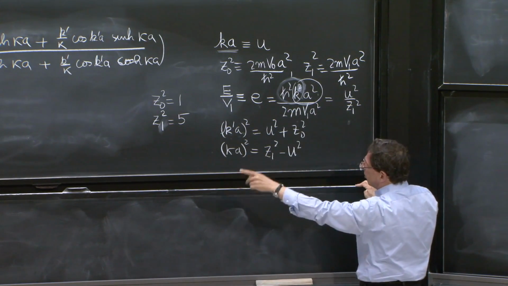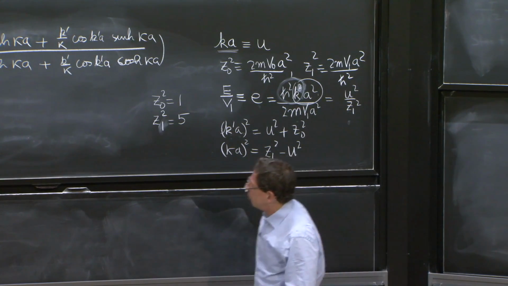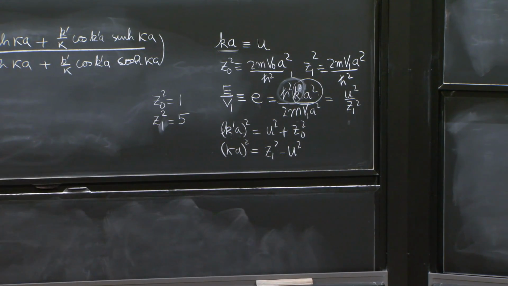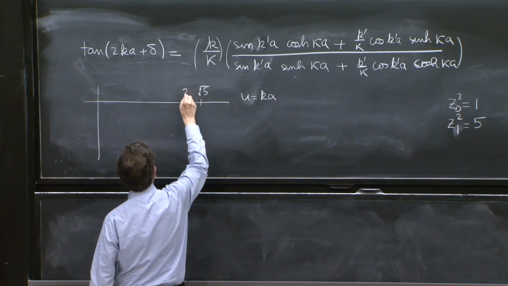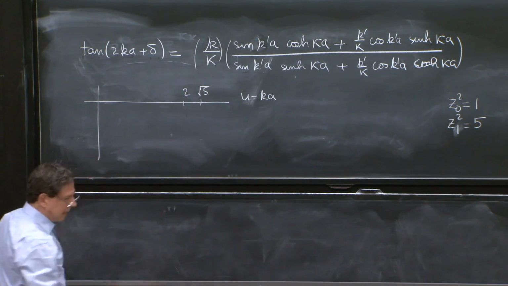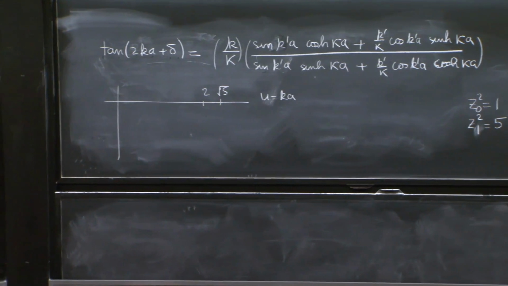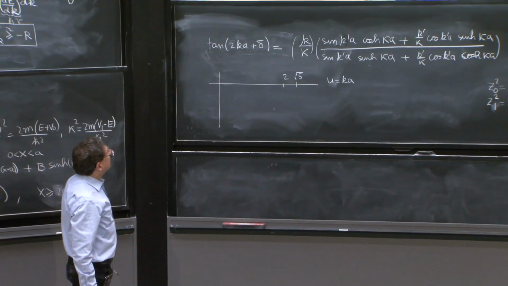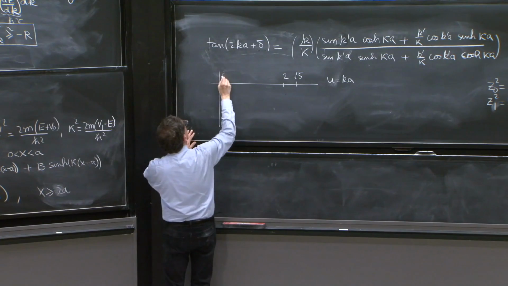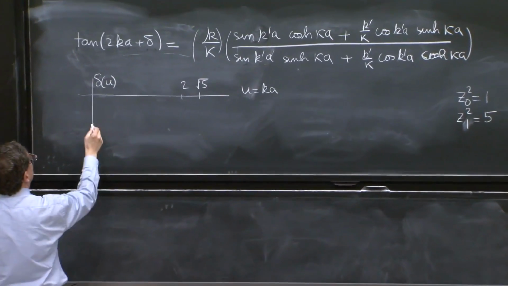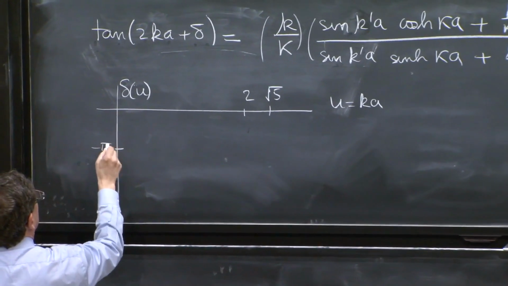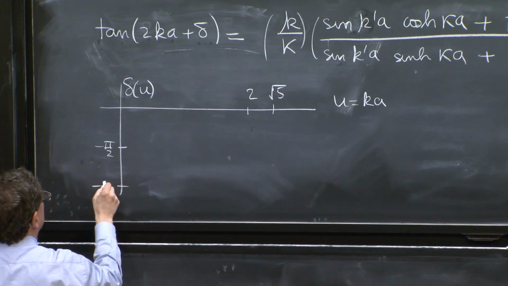So we can plot u up to square root of 5, which is about 2, and that's it. And here we're going to plot delta of u. And here's minus pi over 2, minus pi.